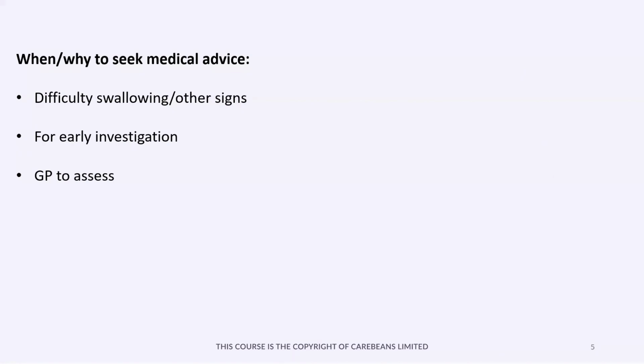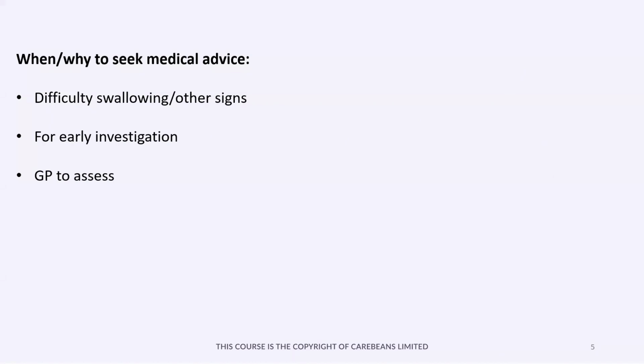It's important to get these things investigated early, because someone with a swallowing difficulty might have a more serious condition. Esophageal cancer, for example, can affect swallowing. So if you are worried or concerned about someone, get help as soon as possible, so that they can be investigated early and anything causing it can be caught or treated appropriately. The GP needs to assess, and they can refer for further tests.